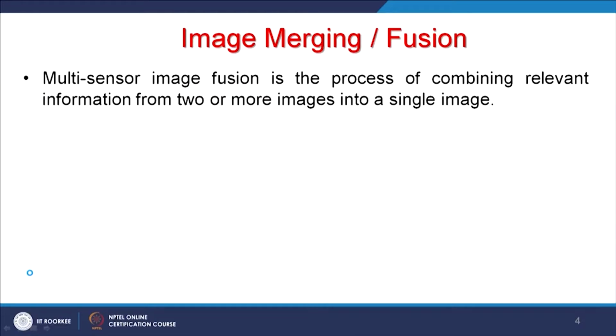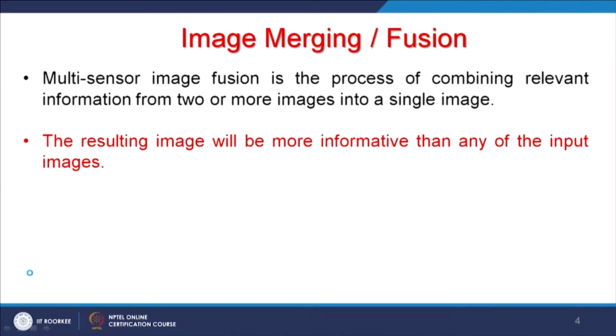So, multi-sensor image fusion is the process of combining relevant information of the same area from two or more images into a single image. Now, when we say two or more images, there may be a scanned map also, and that map we can treat as an image and merge with other data sets. So it has different meanings here.